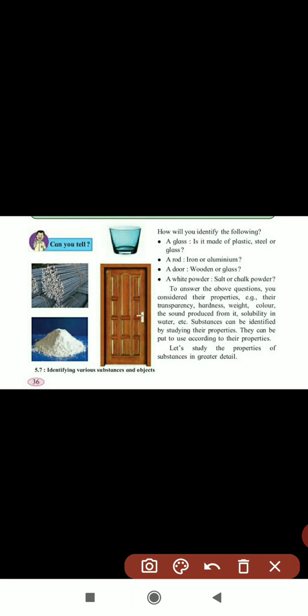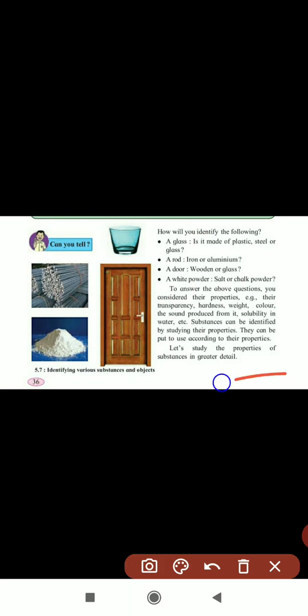According to the property we can use the substance for various applications. Iron and aluminium are used for construction. Wood we do not use for big construction, for making cement buildings. Glass is also not used, because it is so brittle. So depending upon the properties we can use the substance.